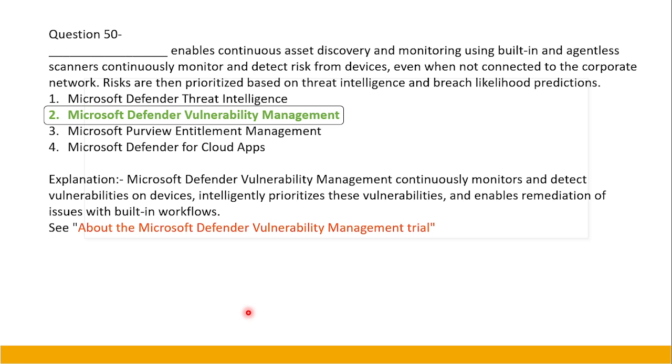Option 1 is Microsoft Defender Threat Intelligence, Microsoft Defender Vulnerability Management, Microsoft Purview Entitlement Management, Microsoft Defender for Cloud Apps. Defender Vulnerability Management continuously monitors and detects vulnerabilities on the devices, intelligently prioritizes these vulnerabilities, and enables remediation with built-in workflow. Correct option here is option number 2, which is Defender Vulnerability Management.